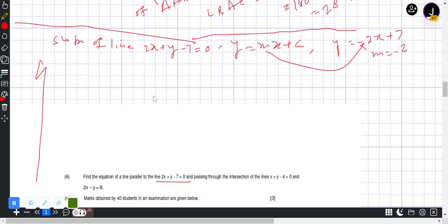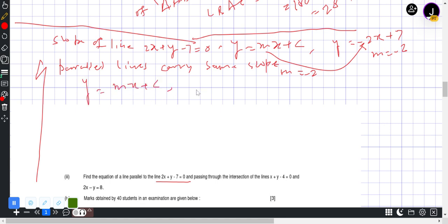Parallel lines always have the same slope. So what is the slope of the line parallel to this line? The slope of the new line is going to be minus 2, and we will use the equation y is equal to mx plus c.